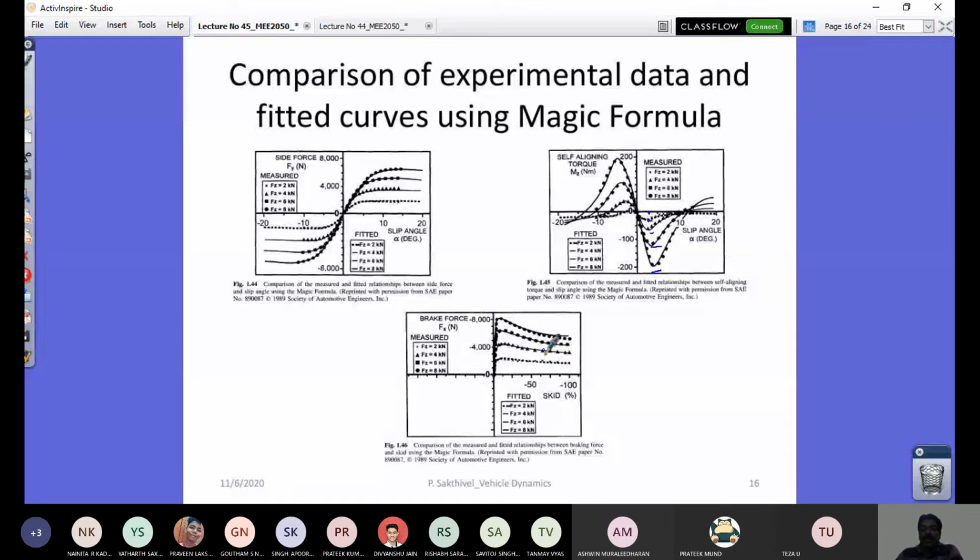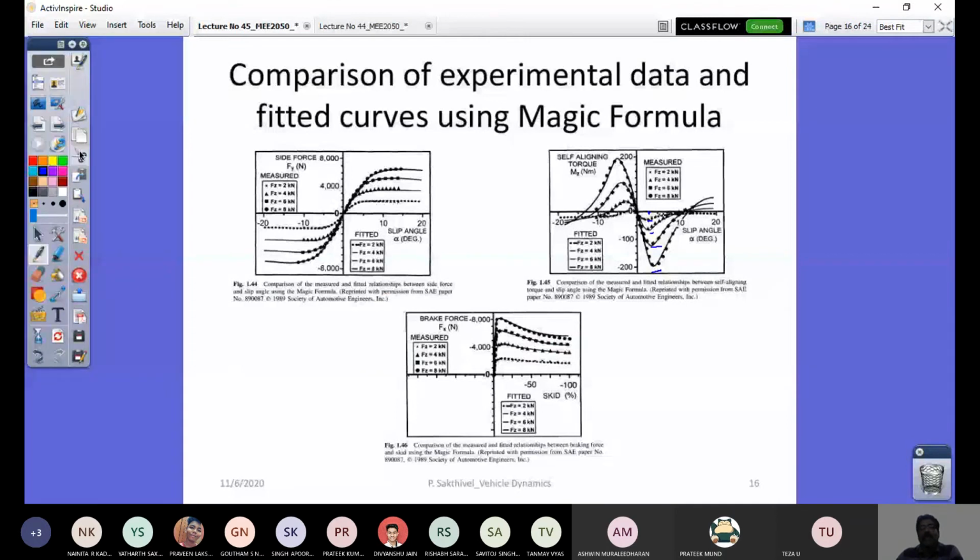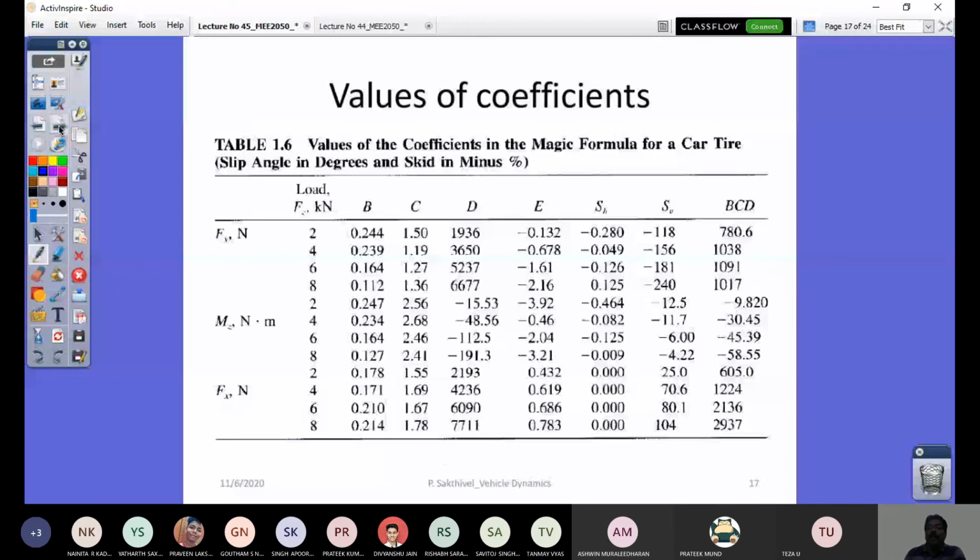So these are some case studies, the data for the formula we have been looking at. And the values of these coefficients are also available in table 1.6 in the textbook for a car tire. So you see here it is Fy, side force, self-aligning torque, and in this case it is only braking effort.